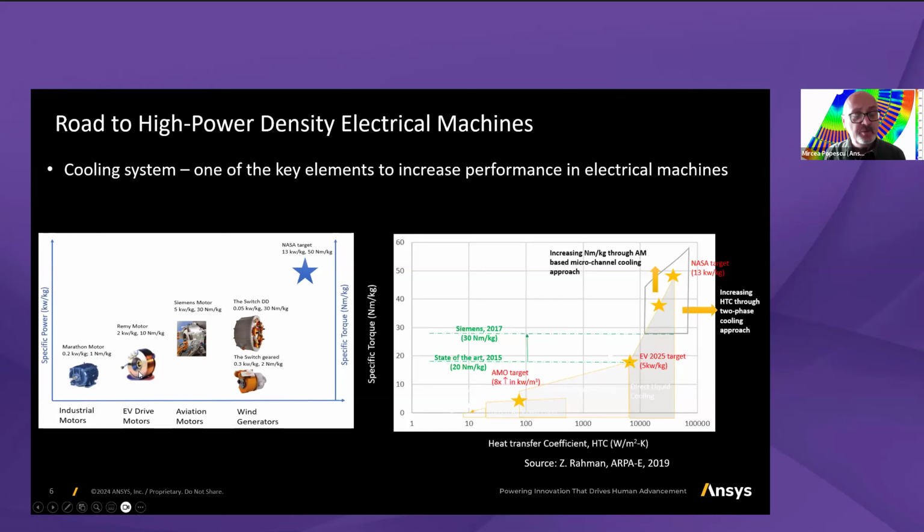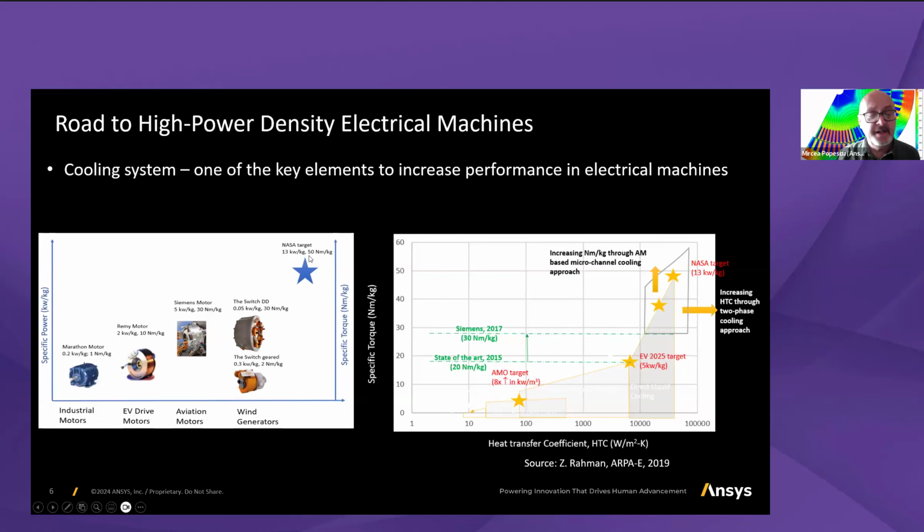Then moving to the Remy motor, actually BorgWarner, when it was released maybe 20 years ago with hairpin configuration, we had 10 Newton meters per kilogram. In aviation, we have the Siemens machine that reaches 30 Newton meters per kilogram. And in large machines, wind generators, we can deal with this type of torque density.